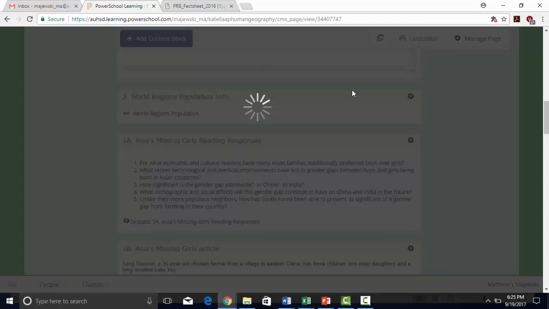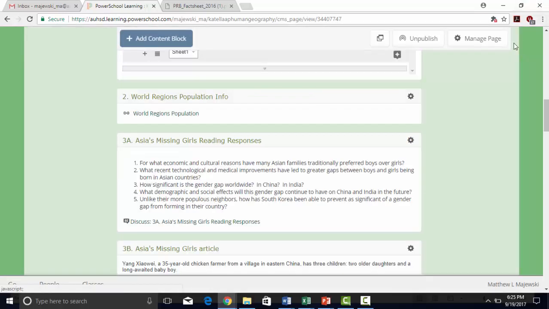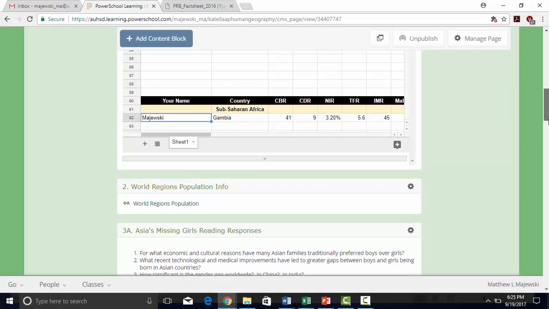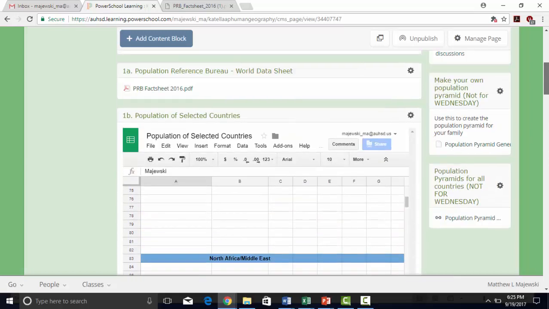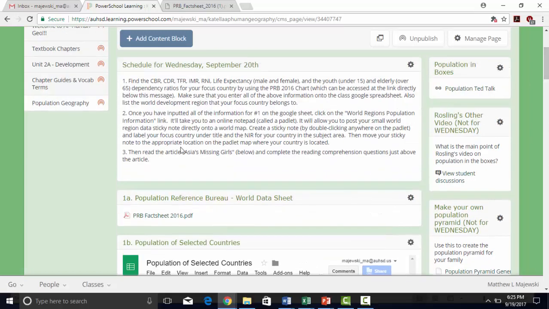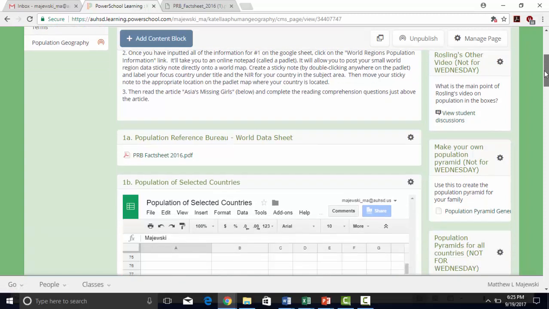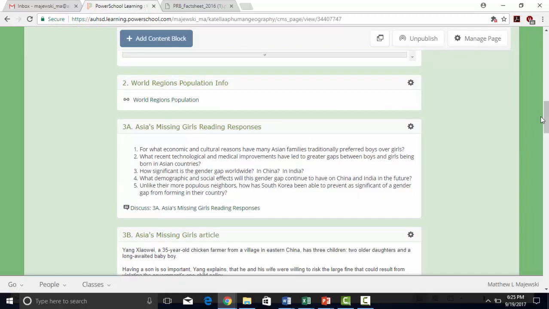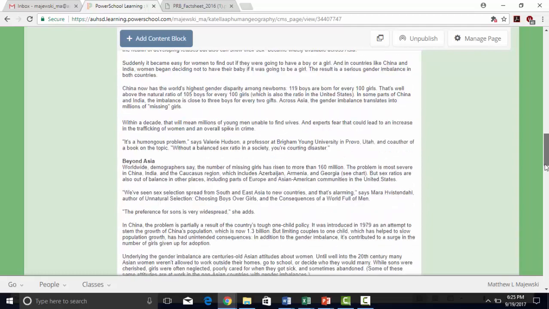Ultimately, when you're finished with your posts, they will post up there so you can see them again, and then you're technically done with the assignments for today. All right. So once you've got 1, 2, and 3 done, that's all you're specifically required to fulfill today. Anything you don't finish in class today needs to be done at home, so that when we come into class on Thursday, all of this has been taken care of.